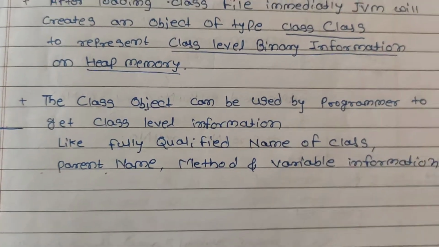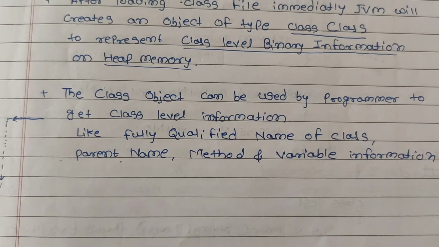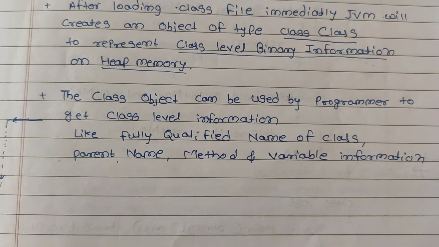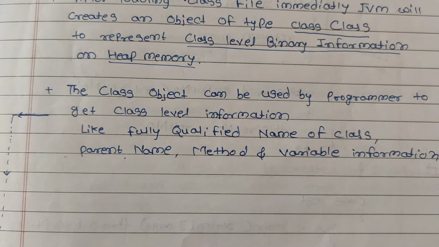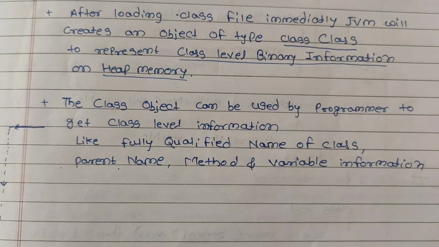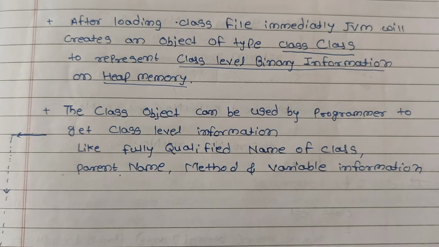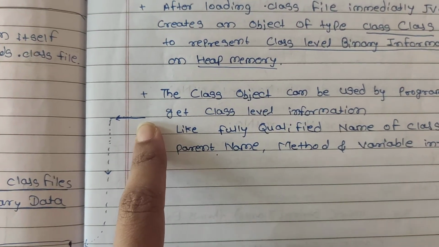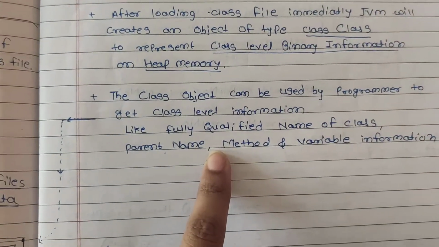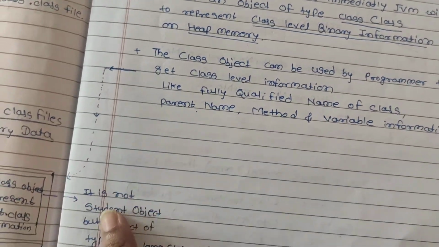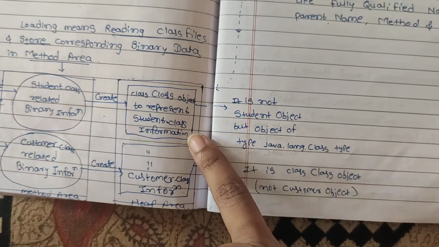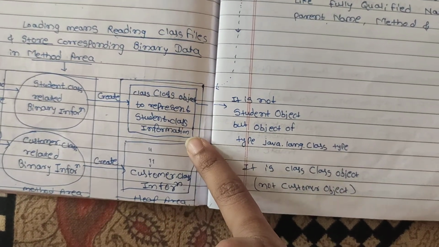The Class object can be used by the programmer to get class level information like the fully qualified name of the class, parent name, method, variable information. Here I pointed this note to here. So this Class object represents the student class information.